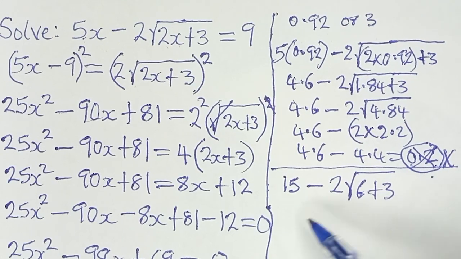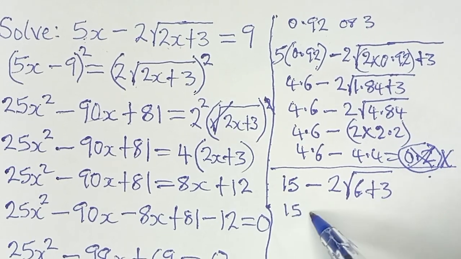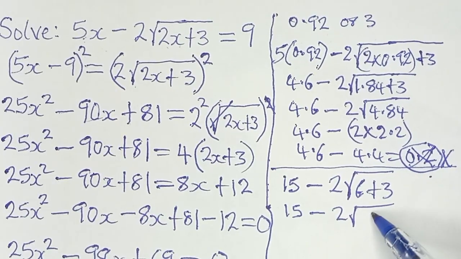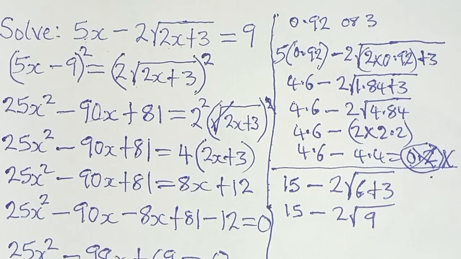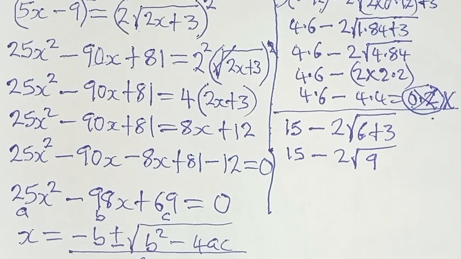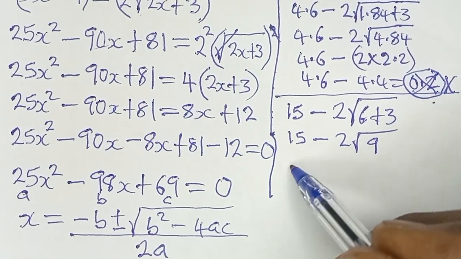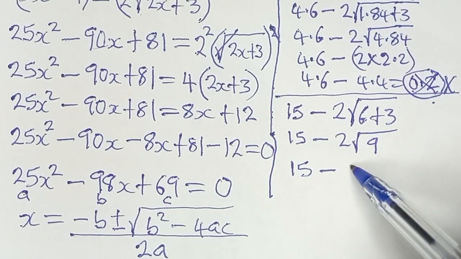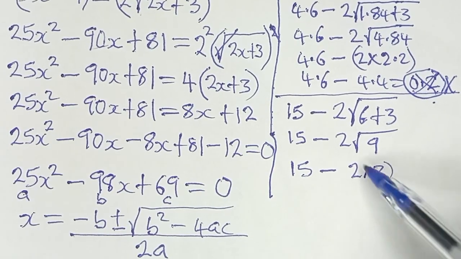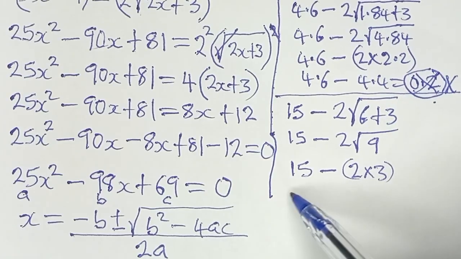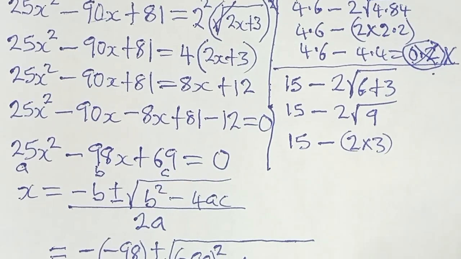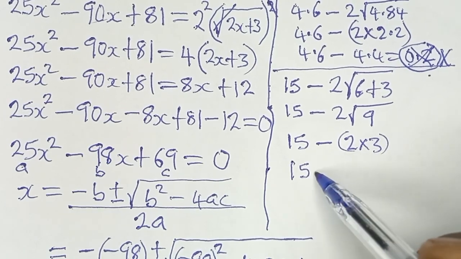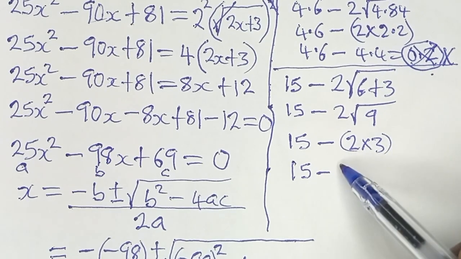And then let's see, 15 minus 2 multiplied by the square root of 6 plus 3, which is 9. The square root of 9 is 3. So I have 15 minus 2 times 3, which is 6.